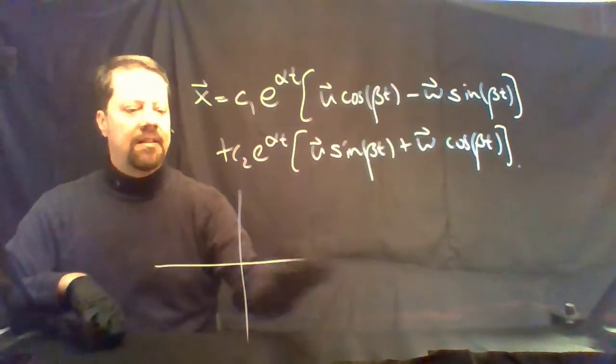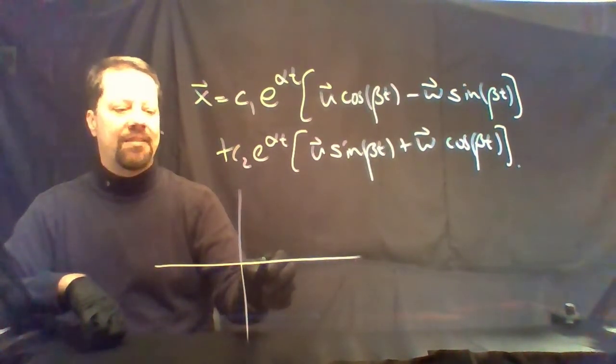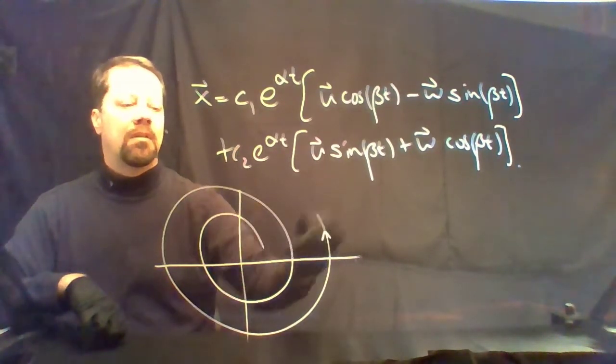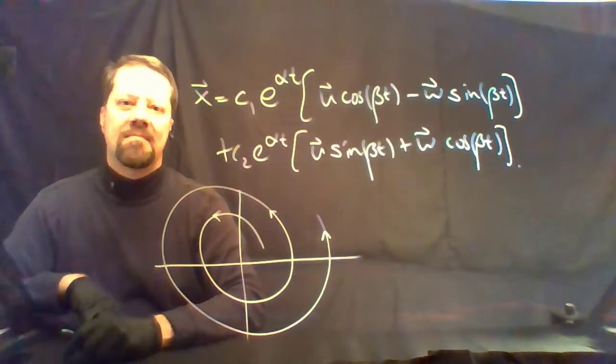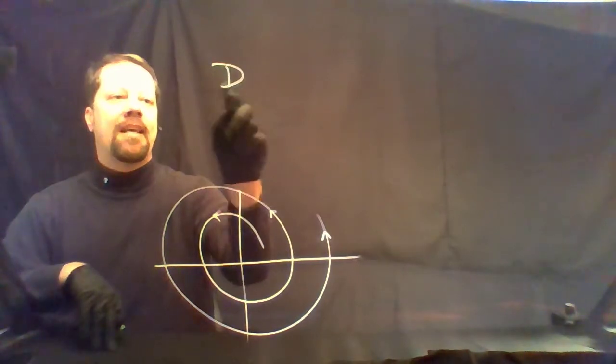You'll see that solutions of this form, if alpha is positive, will spiral outward like this. We'll make a special definition in this case.